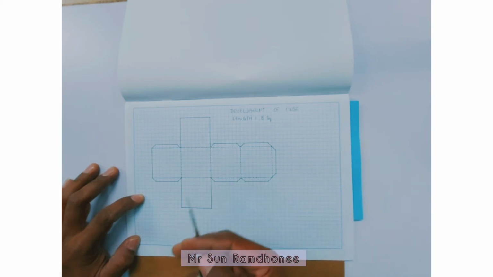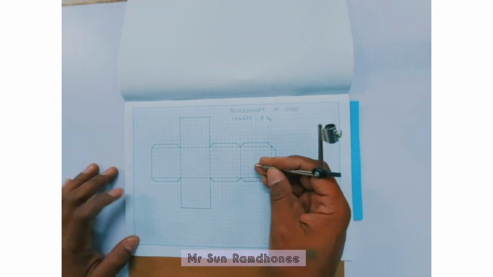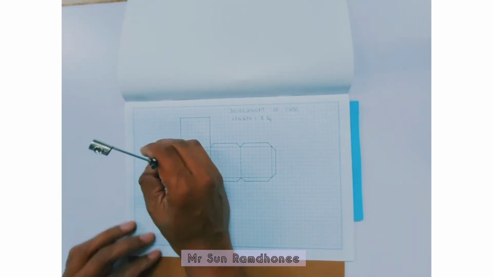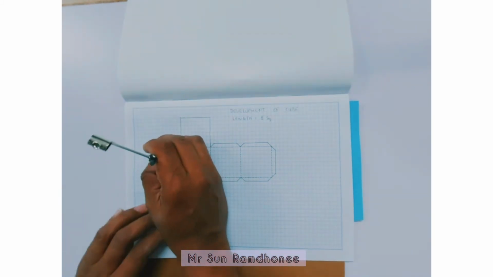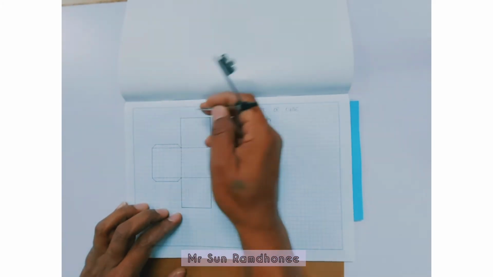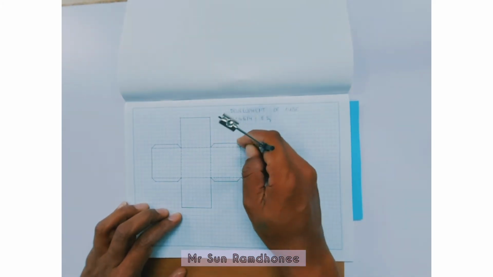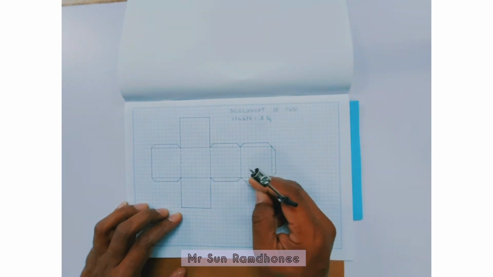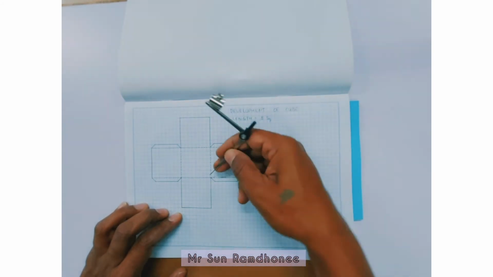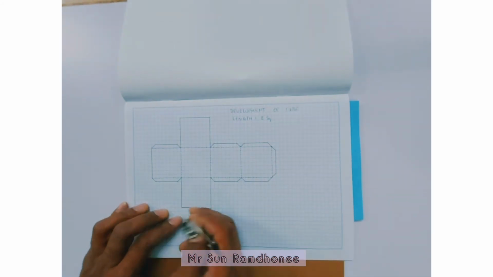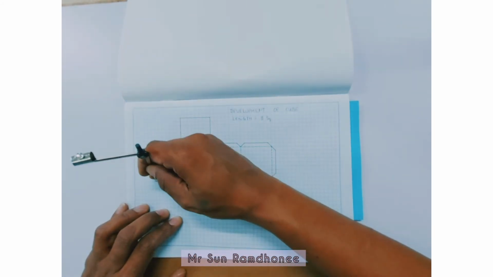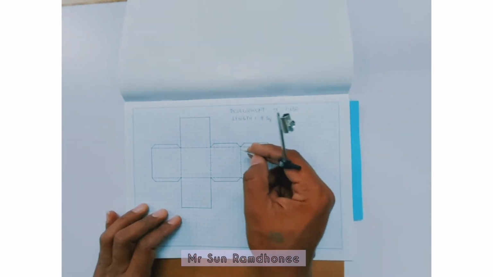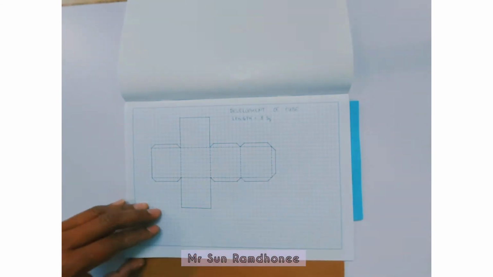You can also use a divider, but for demonstration purposes I'm going to use this compass. Okay, so we start here. So we have poked holes for all these corners.